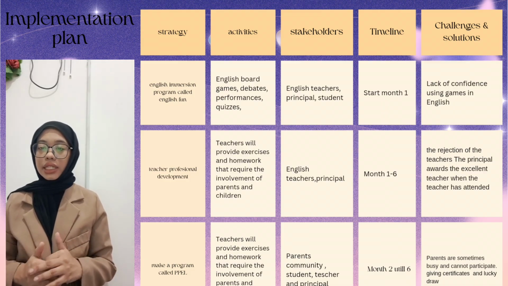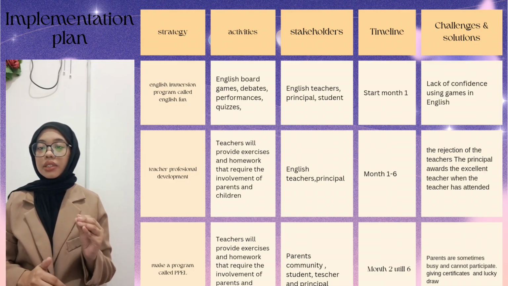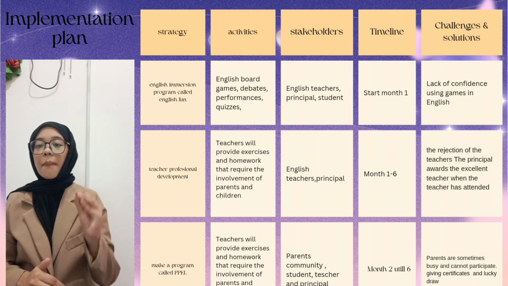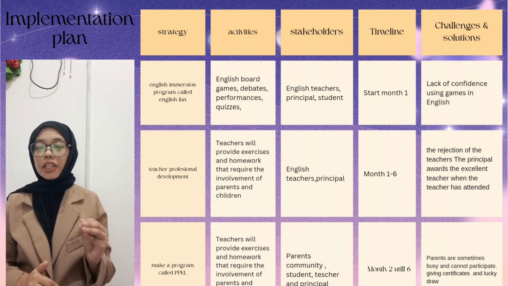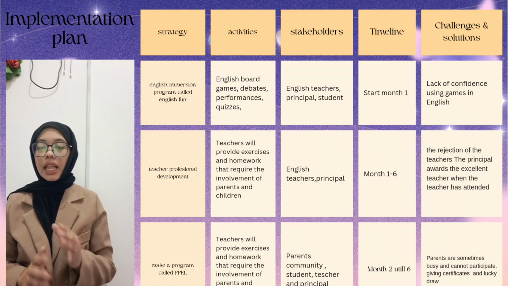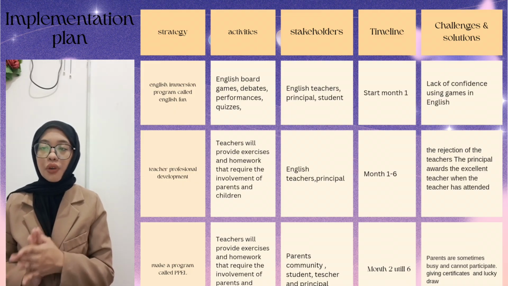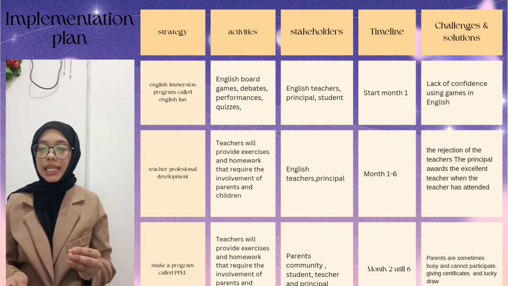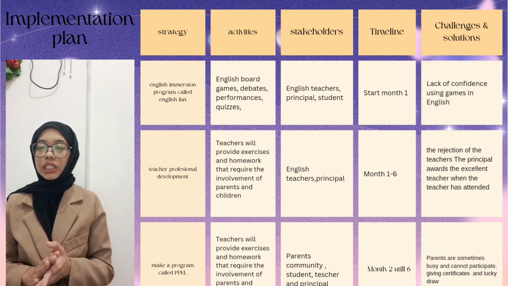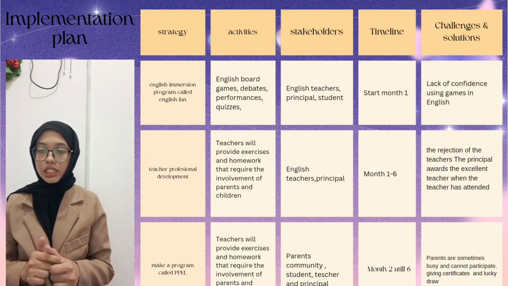And the last one, the next strategy, is a program called Parents as Partners in English Learning, PPEL, and Family English Day. The activity is that teachers will provide exercises and homework that require the involvement of parents and children.